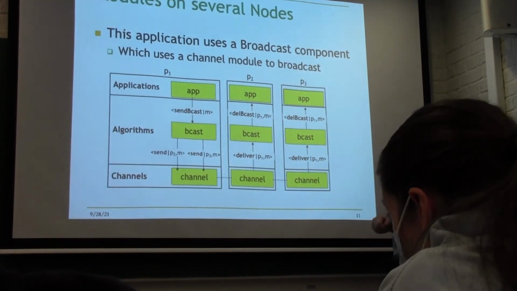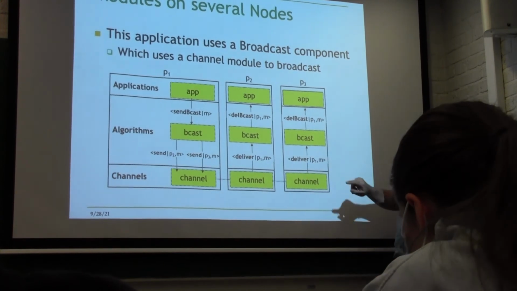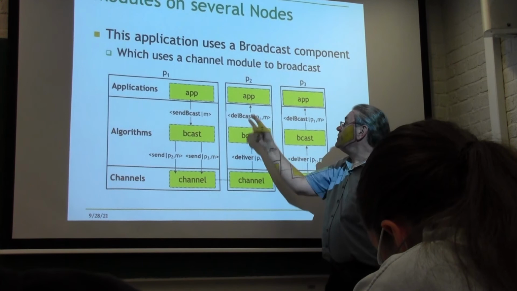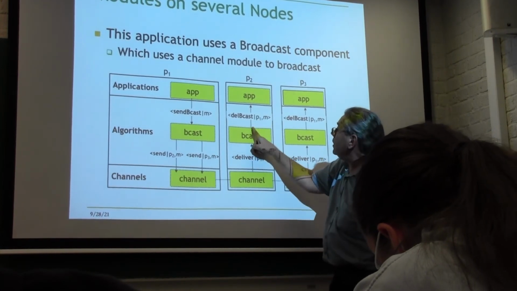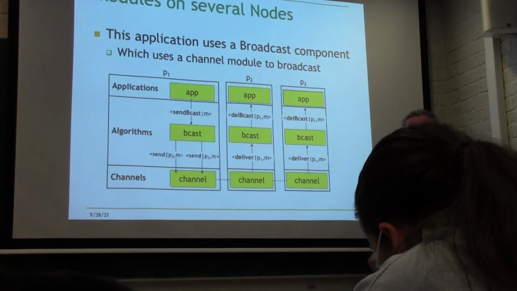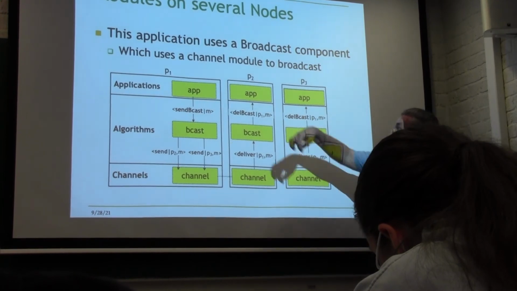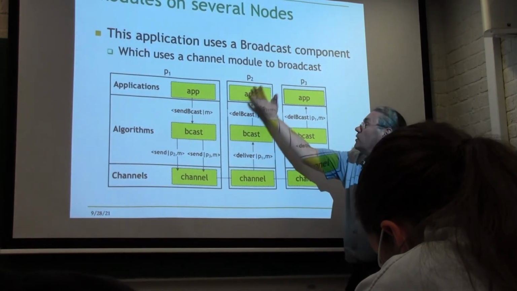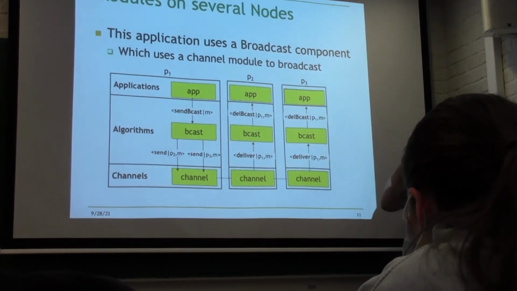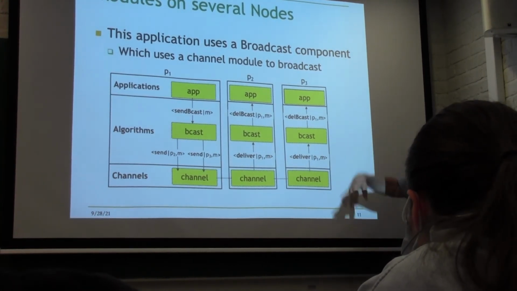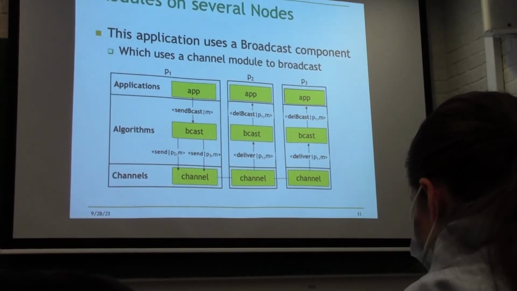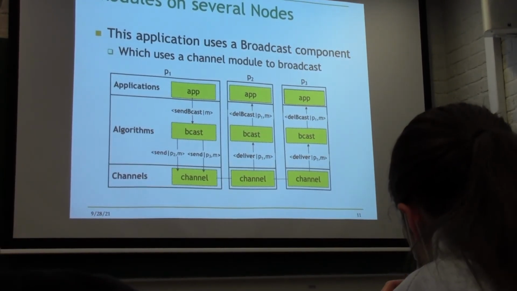The channel will do a deliver, and then when this arrives, this one will actually send the delivery of the broadcast itself back up to the application. So you see messages are trickling downwards, and then they're trickling back upwards on all the other nodes. Sometimes they can go up and down several times. So you see how it kind of works?